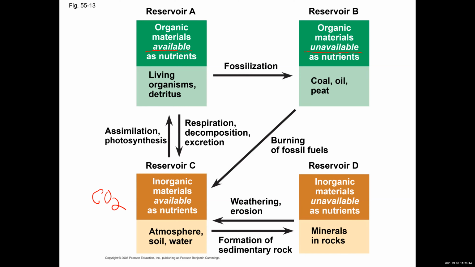If we're going to move materials from inorganic into organic, we have two processes here. Photosynthesis we've already talked about. That's going to turn carbon dioxide into glucose. And that'll become part of the bodies of living things. Assimilation is a word that means getting incorporated into, right?